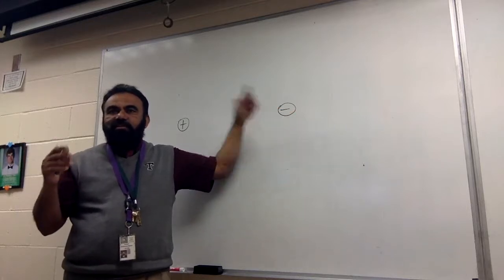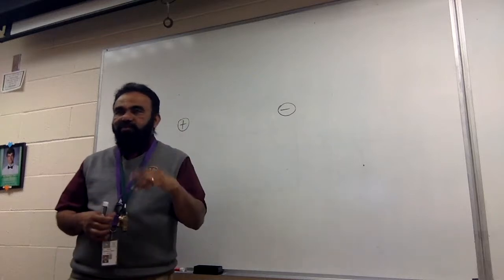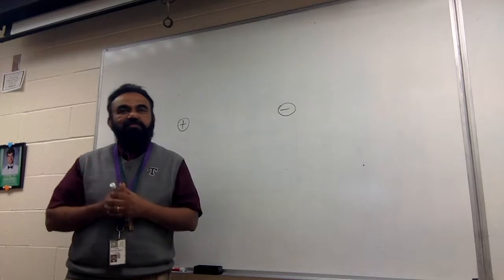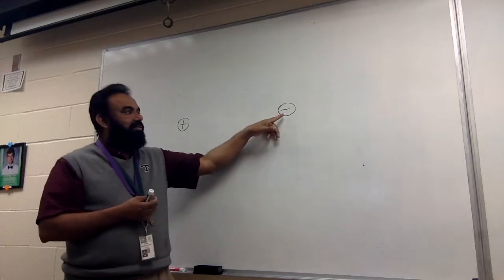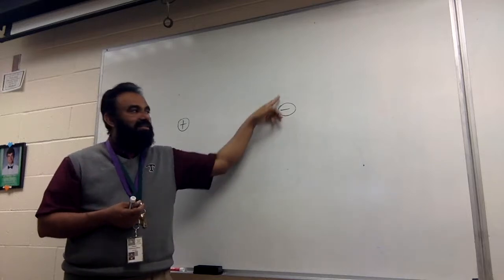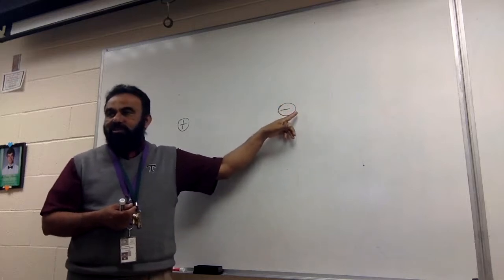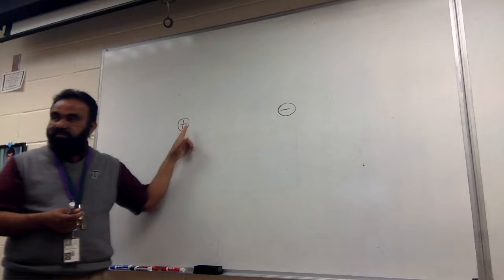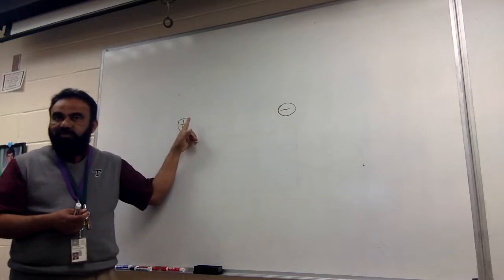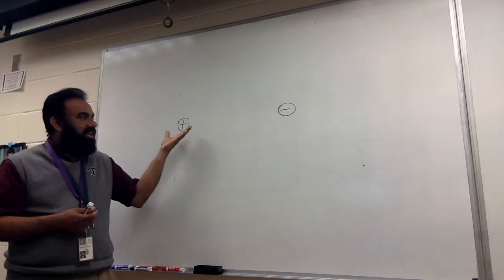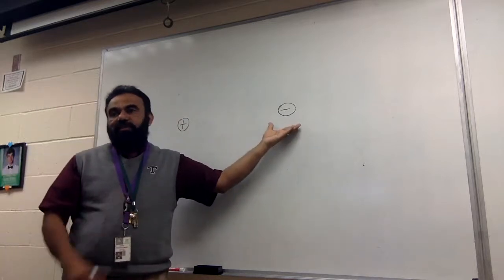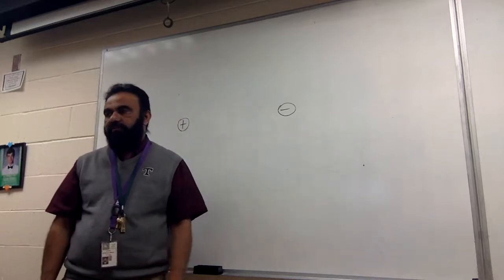So understand, electrical potential energy can be negative or positive, because you have attraction and repulsion. Negative potential energy is what this charge has. Positive potential energy is what this charge has. Does it make sense? So electrical potential energy is positive here, and negative over there. Why? Because it's negative charges.